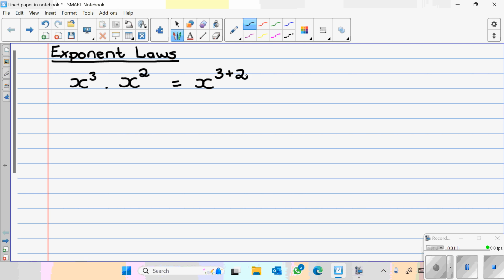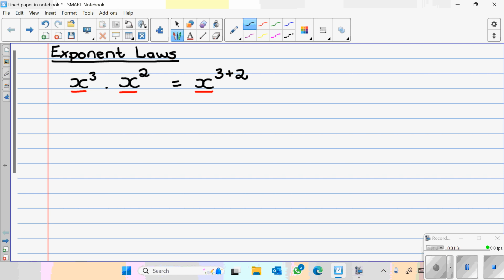So it becomes x to the power 3 times x to the power 2. They are both ground number x, therefore I keep the same ground number and I just add my exponents. This is the short way. This is the exponent way.